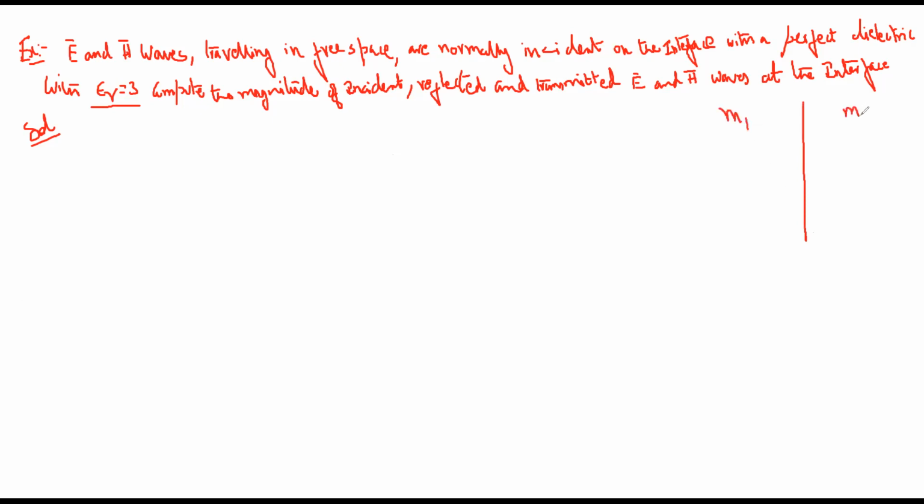Both are dielectrics. In medium 1 there is epsilon 1, eta 1, gamma 1 and sigma 1, and in medium 2, epsilon 2, eta 2, gamma 2 and sigma 2, and the intrinsic impedances eta 1 and eta 2.